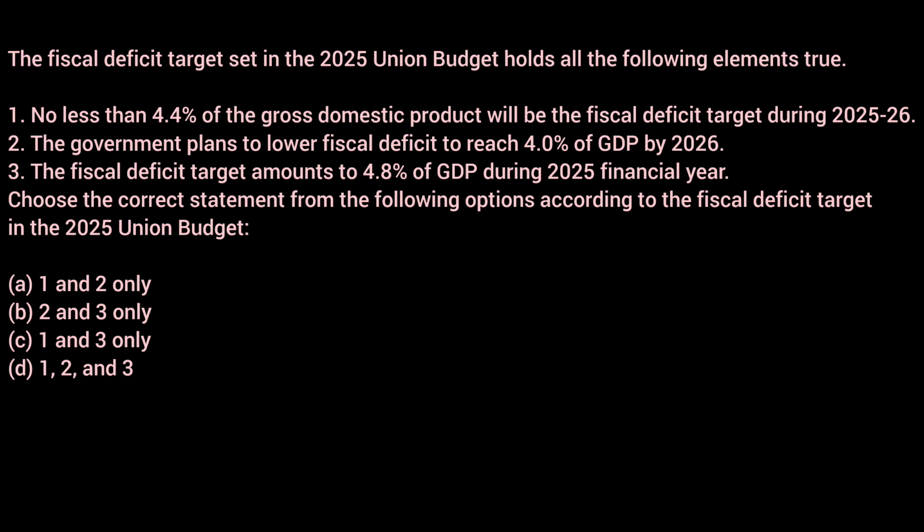The government plans to lower the fiscal deficit to reach 4.0% of GDP by 2026. 3. The fiscal deficit target amounts to 4.8% of GDP during the 25 financial year. Choose the correct statement from the following options according to the fiscal deficit target in the 2025 Union Budget. Here, the correct option is option C.